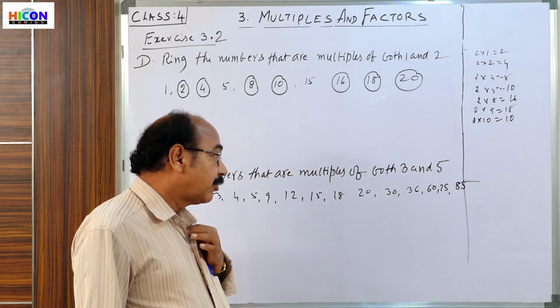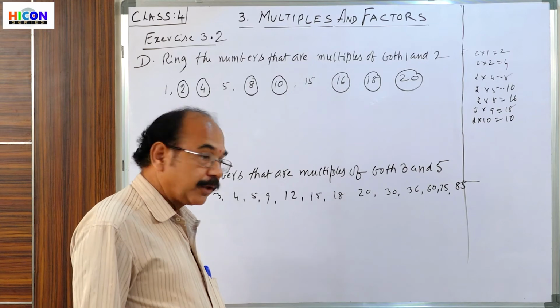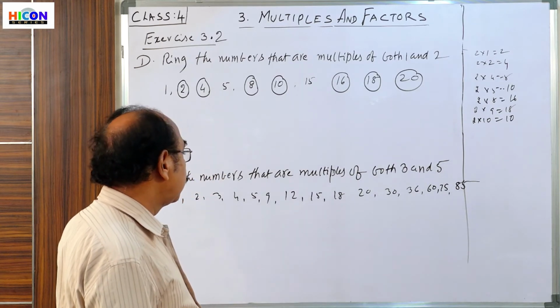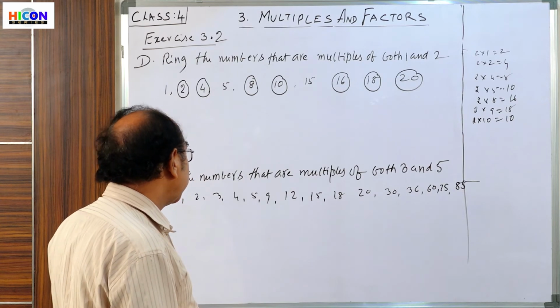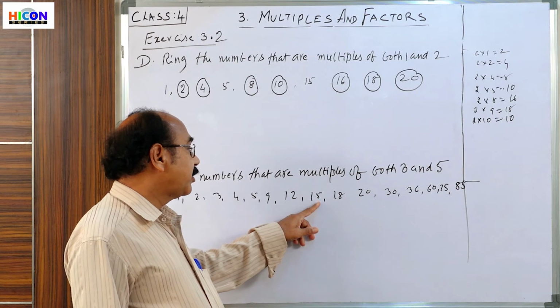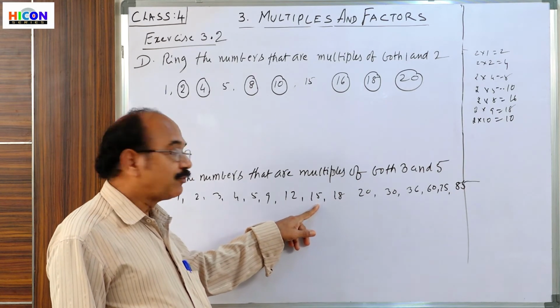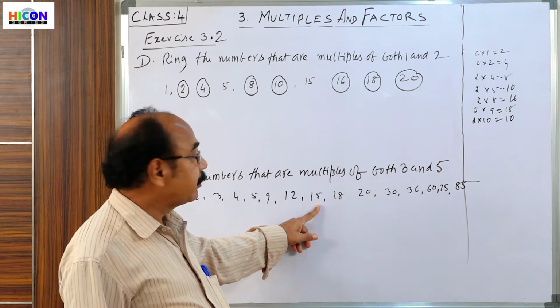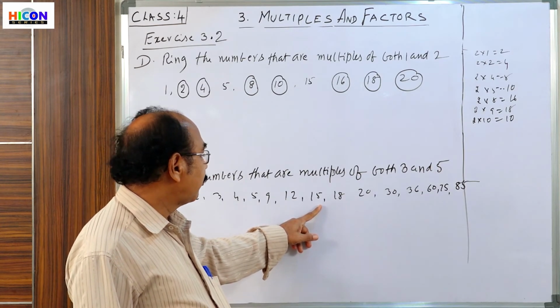Both 3 and 5. That means here 15 you take. In 15, 3 divides 15, 3 fives are 15. 5 also, 5 threes are 15. That means 3 divides 15 and 5 divides 15.